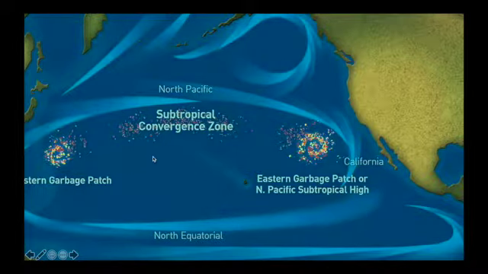In the middle of the gyre system, you have a very limited amount of current movement. The main currents move at the boundaries, the eastern boundary and the western boundary. At the inner side of the gyre, you have a very slow-moving current, so most of this garbage will accumulate in this area.